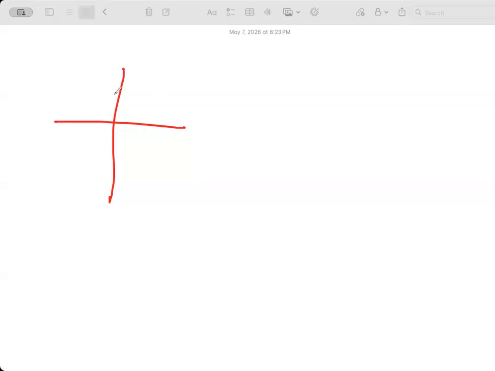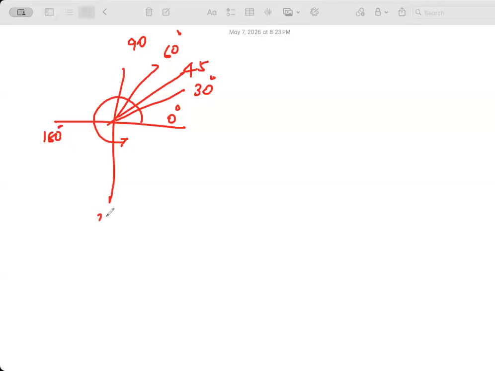This is into angles, radians and so on. We have always seen this: we start with 0 degrees, then it goes to 30, 45, 60, 90, up to 180, then 270, and then it comes back to 360. This is how we have been measuring angles.